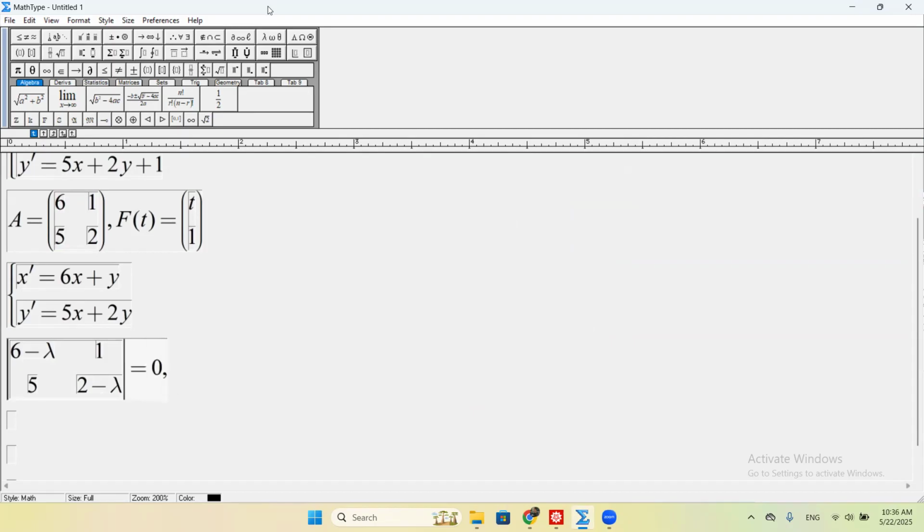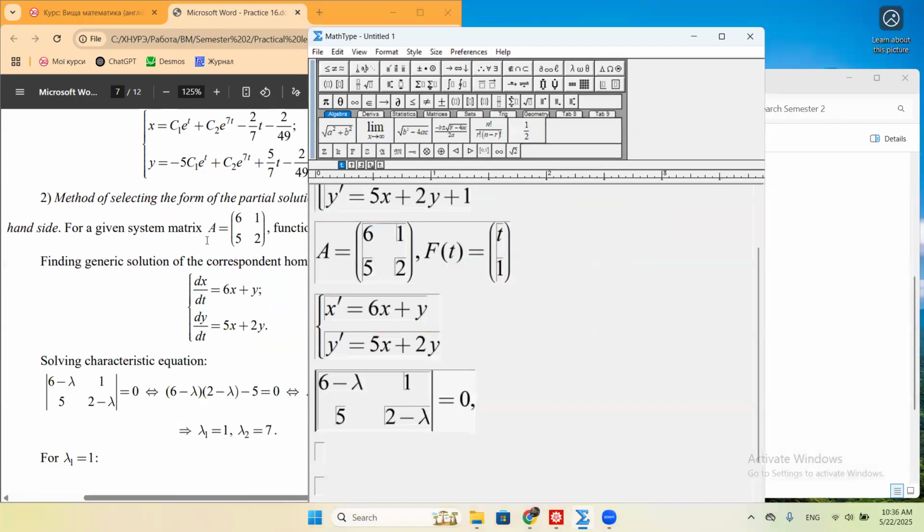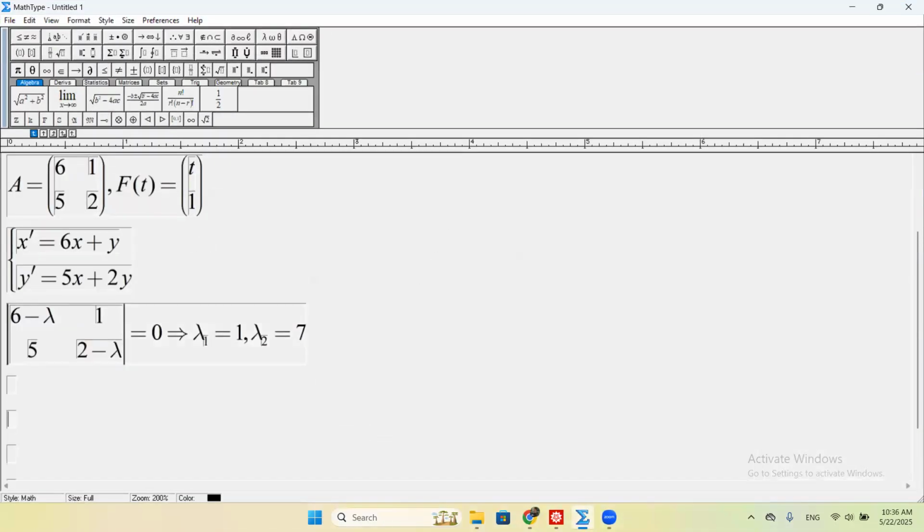So actually, according to this equation, lambda 1 and 2 must be equal 1 and 7. And yeah, that's correct. Then finding the eigenvalues and eigenvectors.